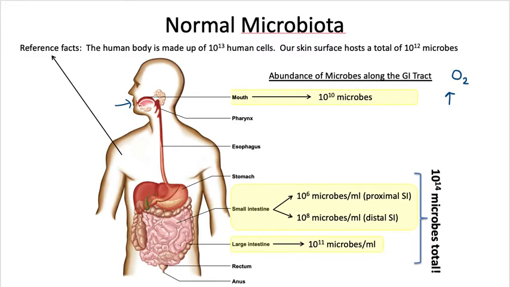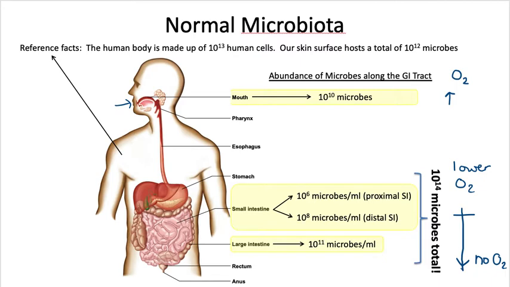As we swallow our food and it goes into the stomach, it's going to be a little lower, and then into the small intestine. And then towards the end of the small intestine, all of that oxygen is going to be depleted. And there's going to be absolutely no oxygen from the end of the small intestine to the large intestine.